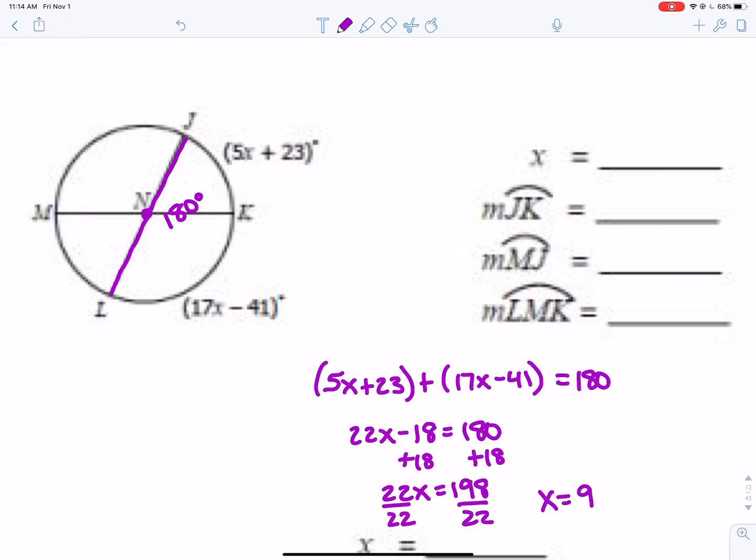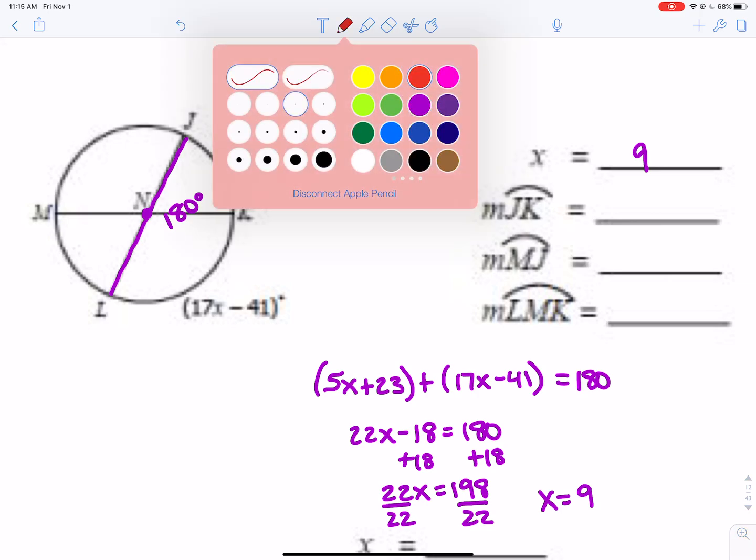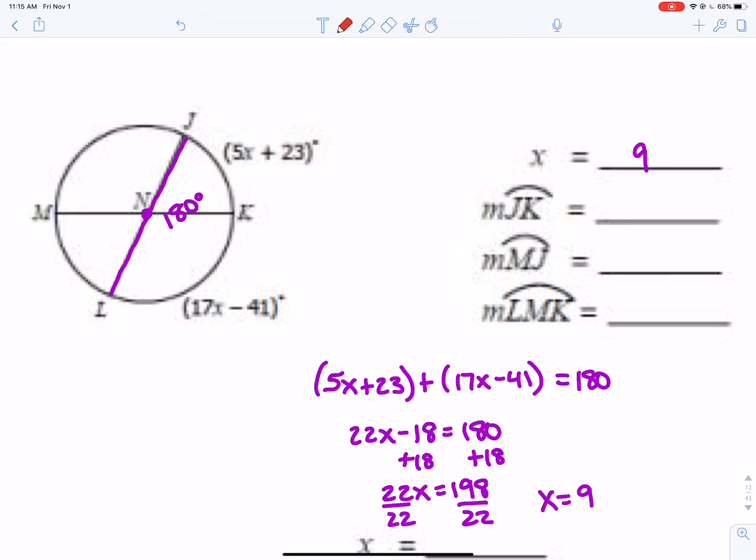So we get x equals 9, which is going to help us go back and figure out the rest. So if x equals 9, then arc JK would be 5 times 9 plus 23, which is 45 plus 23, which is 68 degrees.